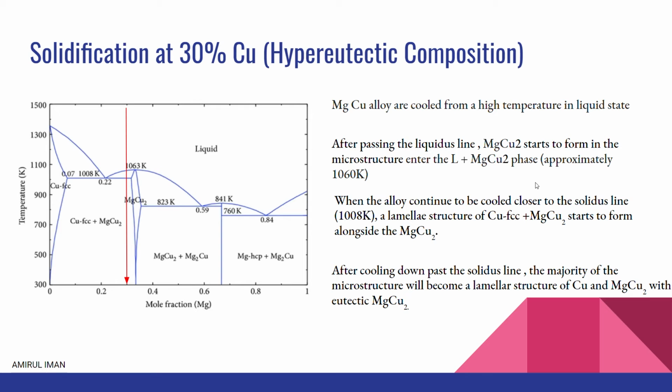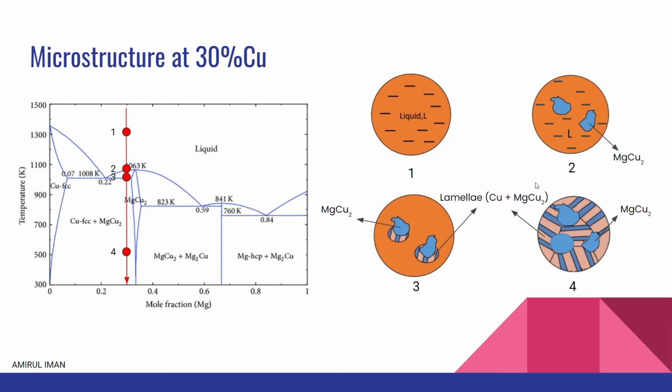So for us to better see our explanation of the solidification, we can see the microstructure. We take 4 points, then we draw our microstructure. The first one is in the liquid state at a high temperature, around 1500 to 1060. Number 2 is our microstructure, which contains MgCu2, as it is on the liquidus line, so it forms MgCu2.